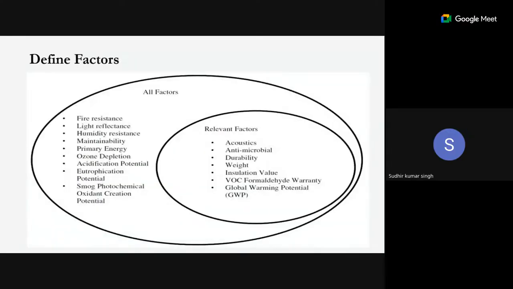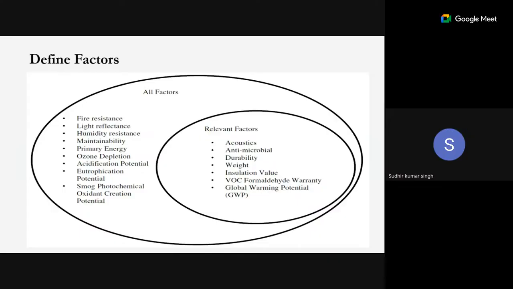So they came up with certain factors. There are general factors you can see to the left on the screen. We cannot choose options based on too many factors. It becomes confusing. So what they did is they selected certain important factors for ceiling tile, and they called them relevant factors. The relevant factors they selected were acoustics, antimicrobial, so there should not be any microbe growth on the ceiling tile because it's an interior material.